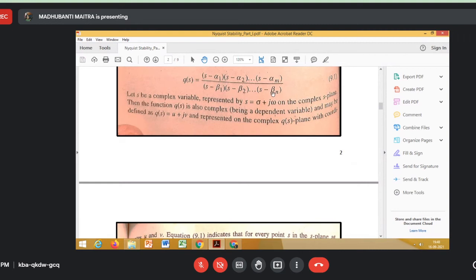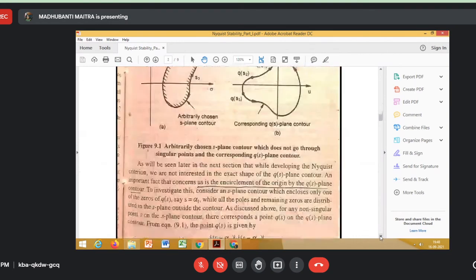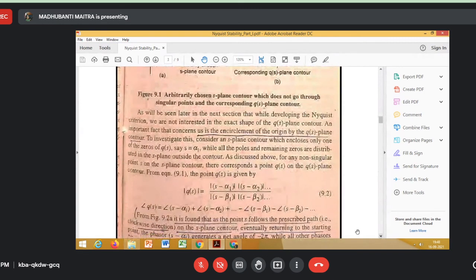And angle of QS, what will be the angle of QS? That means sum of the angles contributed by all the zeros, minus sum of the angles contributed by these poles. Hence, we can write these two equations.